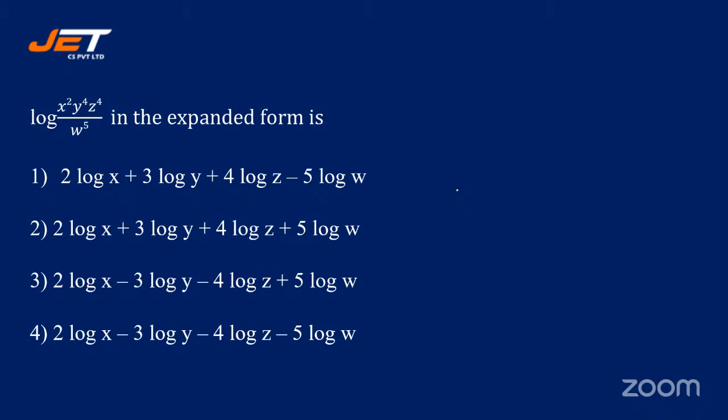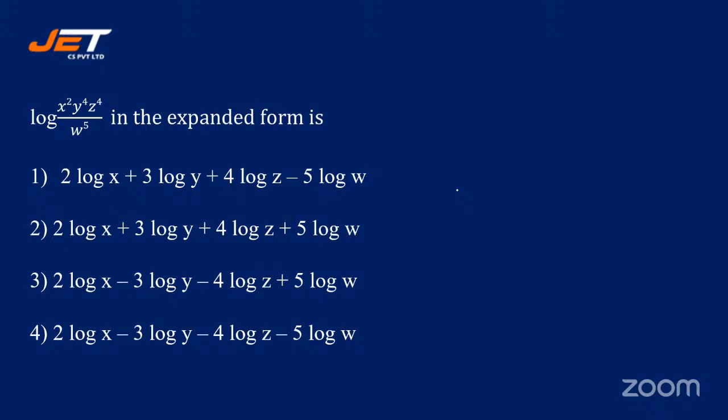Log x square y power 4 z power 4 by w to the power 5 is the expanded form of. 4 options are given. So is it option 1? If you see option 1, it is log x square, you can write it as 2 log x. Log y power 4, you can write it as 4 log y. And z power 4, you can write it as 4 log z.